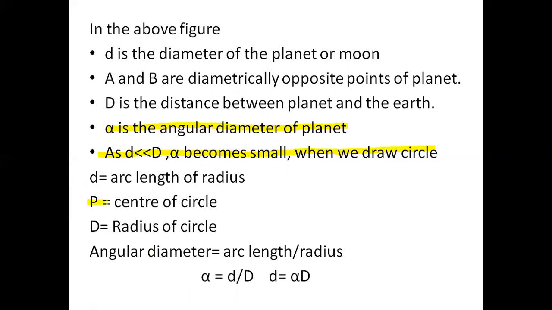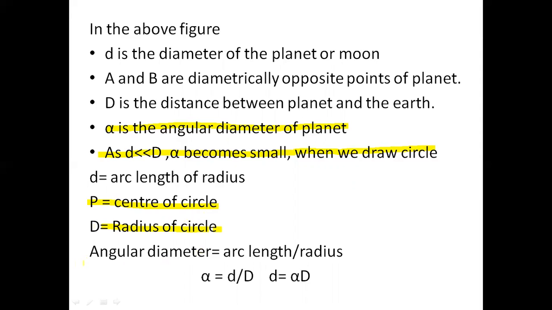In the last diagram I had taken it as O, so don't get confused. And capital D, which was the distance of the planet, now after drawing the circle becomes the radius of the circle.